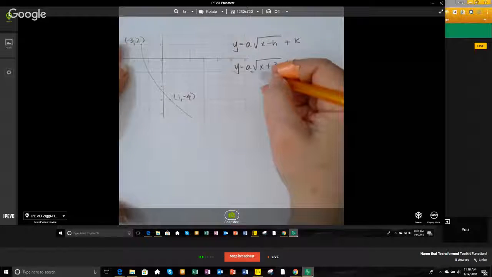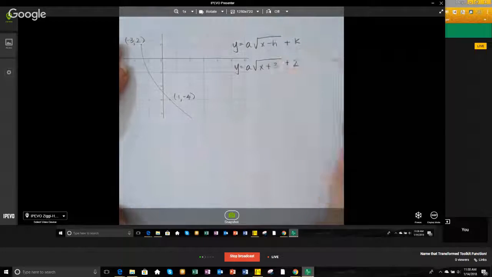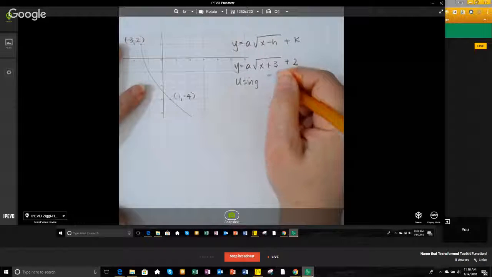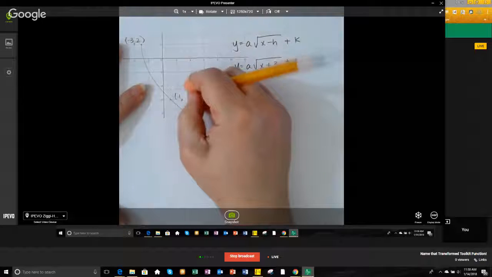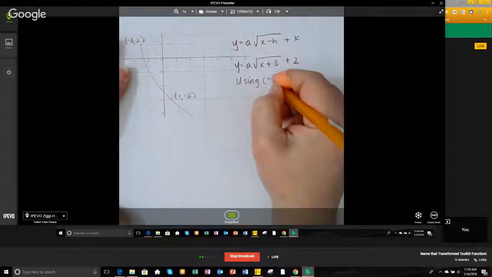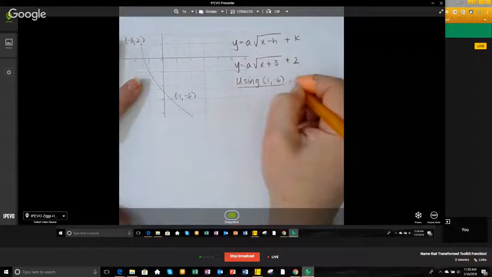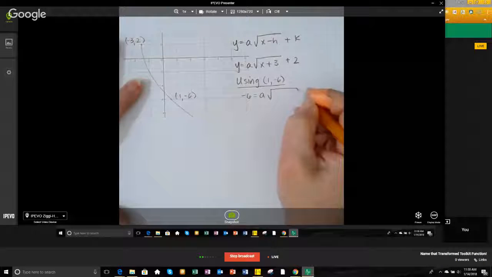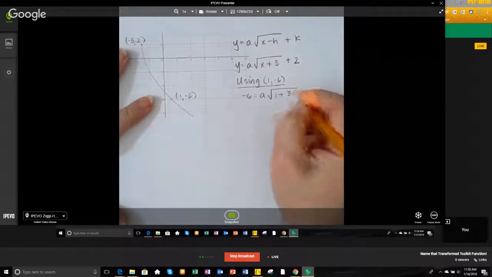And then we have to solve for the stretch factor a using the other point. So we're going to say using the point. Oh, actually, this is 1, negative 6. Using the point 1, -6, we're going to get -6 equals a times the square root of 1 plus 3 plus 2.